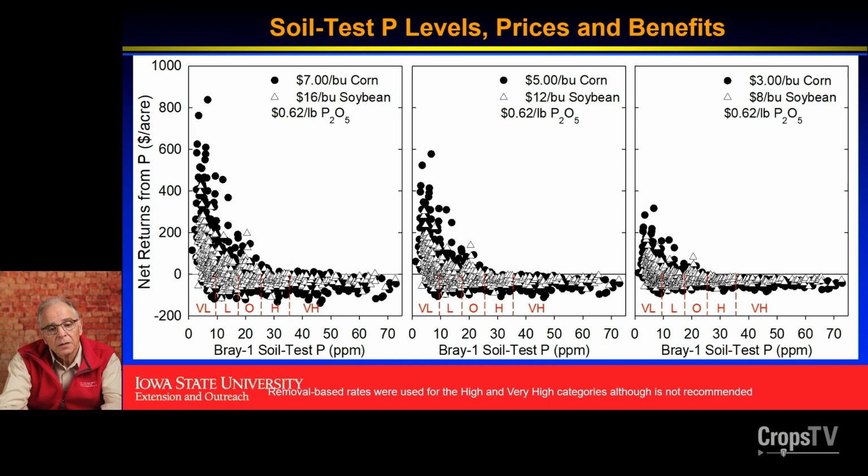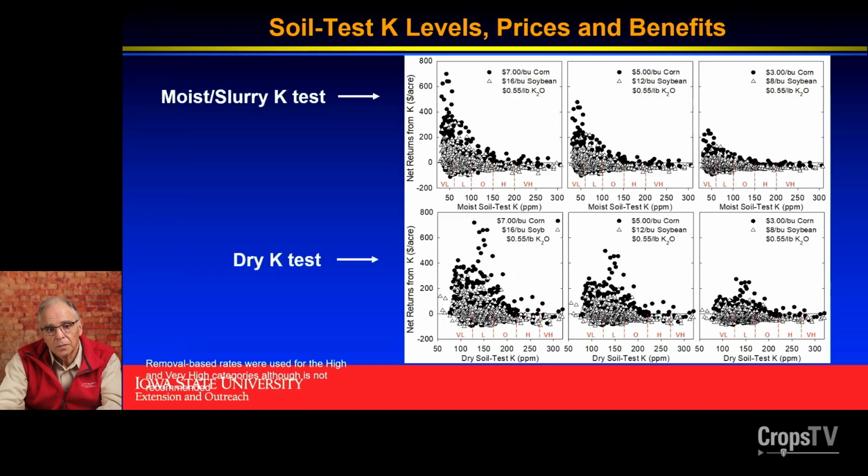Why? Because they want to sleep at night, but they are losing money. If the soil sample is right, if the soil test is right, and that's why I recommend very good soil sampling, okay, then you can save lots of money by not applying fertilizer in high testing soils. Cut in high testing soils, not in low testing soils.